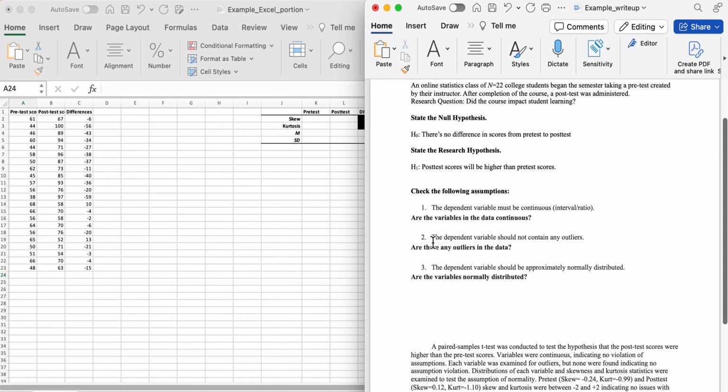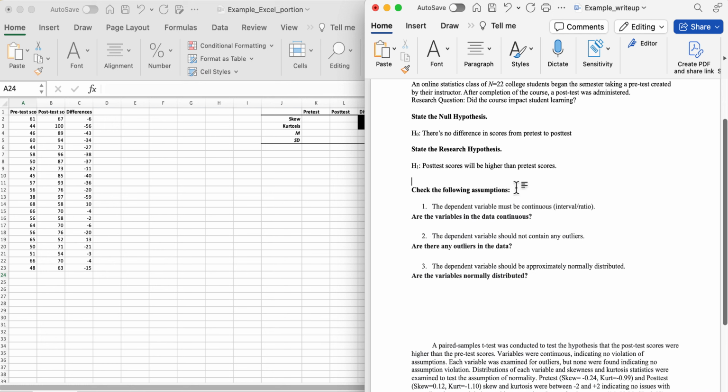So first things first, we need to think, okay, what type of test are we doing? Well, because it is the person taking the pretest and the same person taking the post-test, we're not comparing two separate groups. We are comparing the person to themselves. They took the pretest, then the post-test.